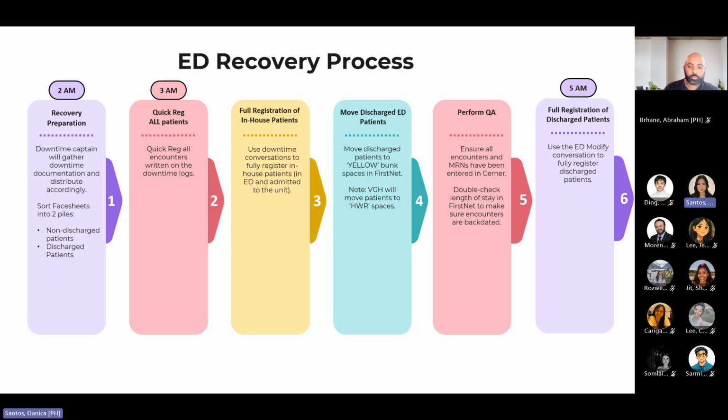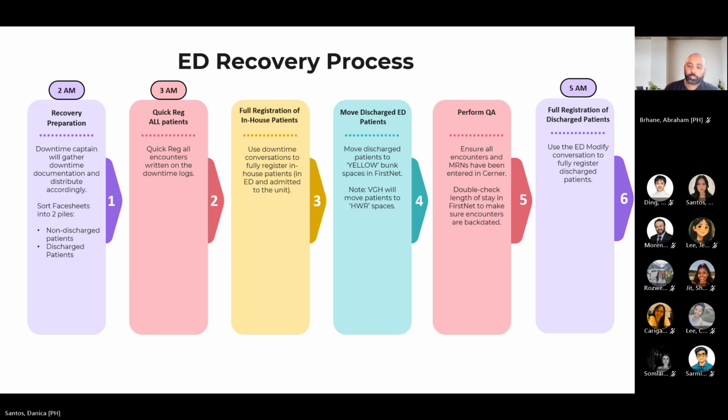Step 4 is to move discharged patients to the designated downtime locations on the FirstNet tracking shelf. For most sites, they'll use the yellow locations. VGH will use the HWR location instead, and we'll show you this afterwards, and this will also be indicated in the SOP.